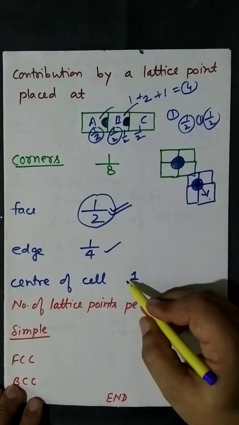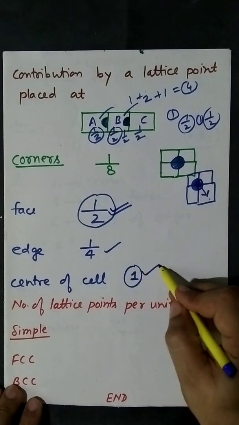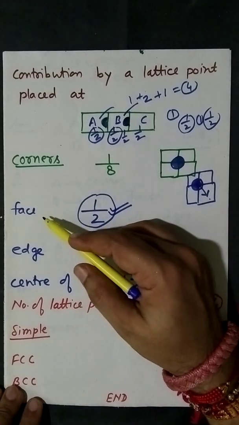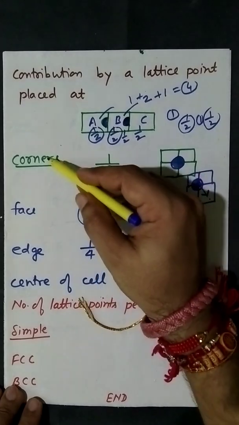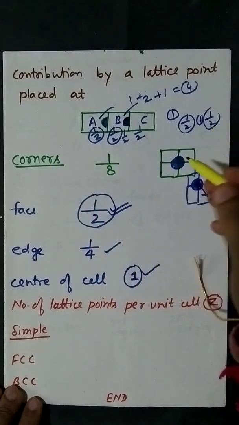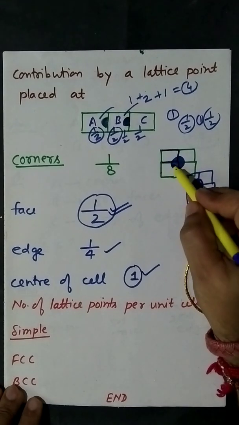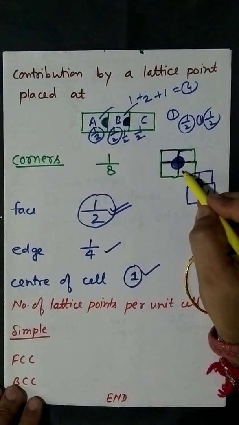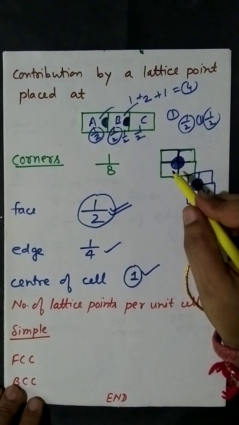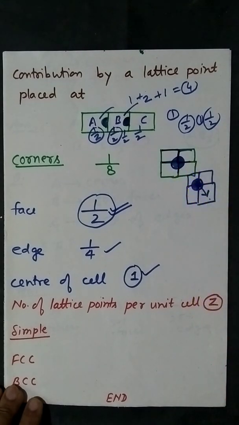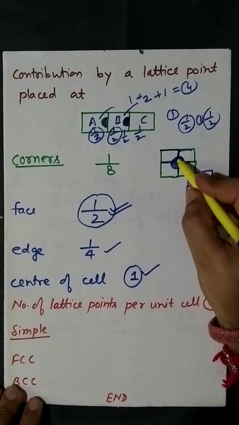Center of unit cell, center of room, definitely it is a part of that particular room only, that's why its contribution is 1. And then corners. A corner is shared between 8. You can see in your room, if you construct rooms around the room in which you are sitting, in all possible directions, you can see a corner.